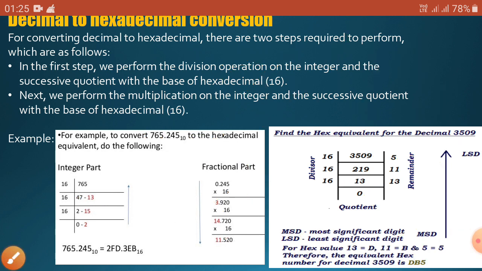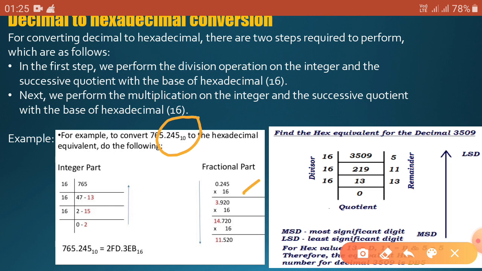But another part is remaining now, that is 0.245. Again we have to multiply 0.245 by 16, at least 3 times. We collect all the integers, that means all the numbers before the decimal point.